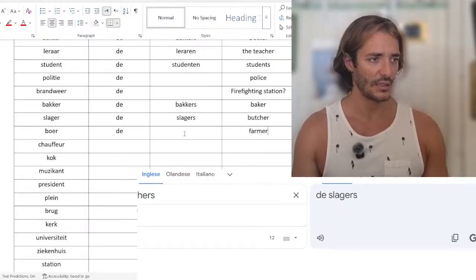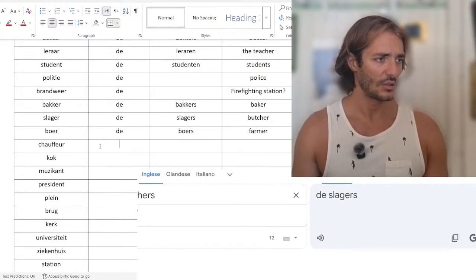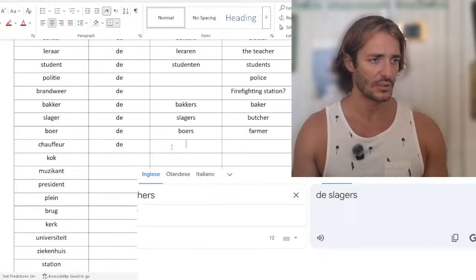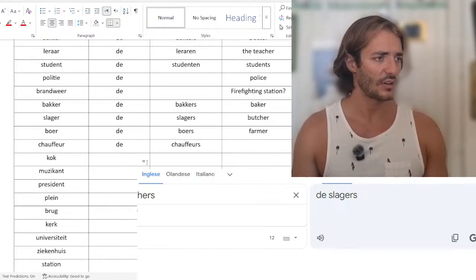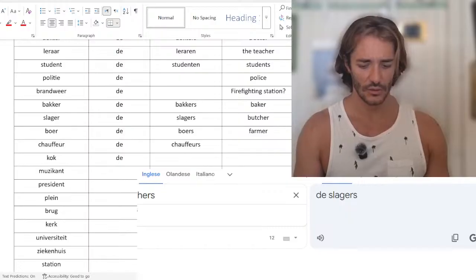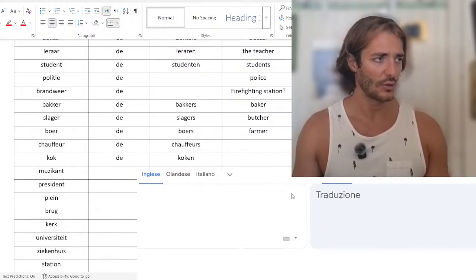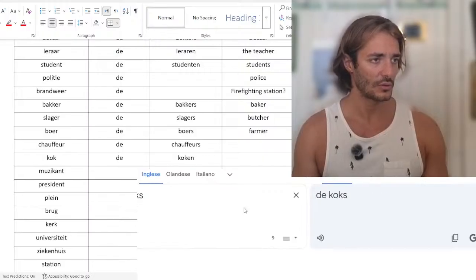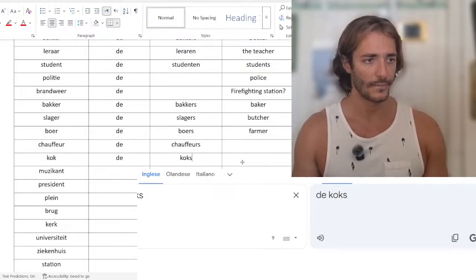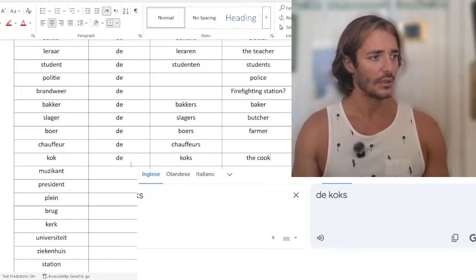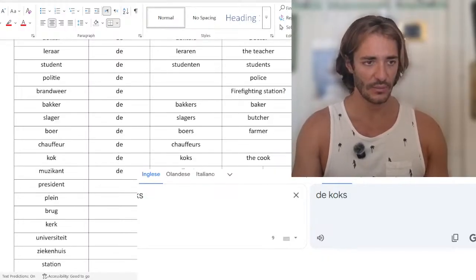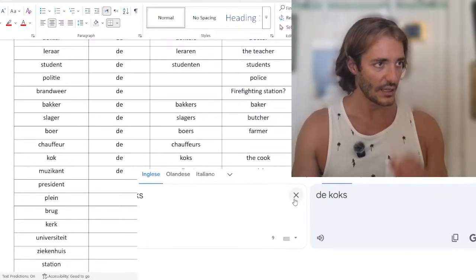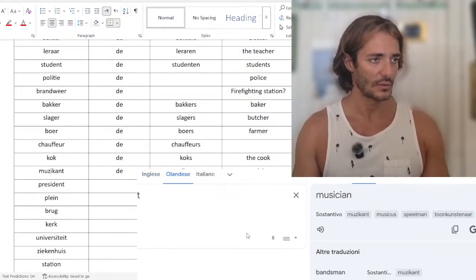And it goes like boeren. Chauffeur, de chauffeurs. Okay, this is the driver. Cook, de kokken, maybe. The cook, the cooks. No, the cook. Musikant, Musikanten. Musikanten, and this is probably the musician. Musikant. Yeah.